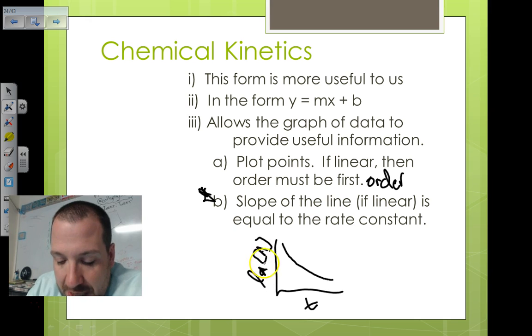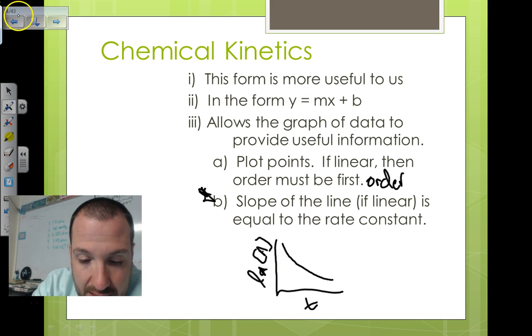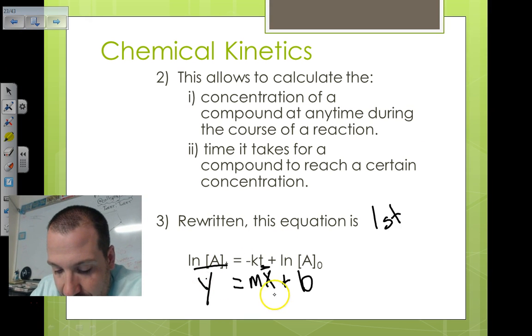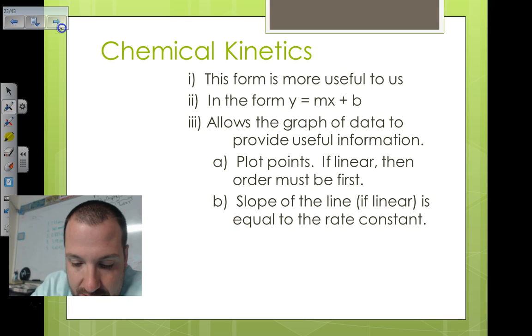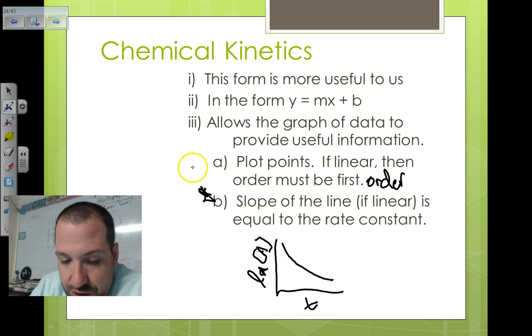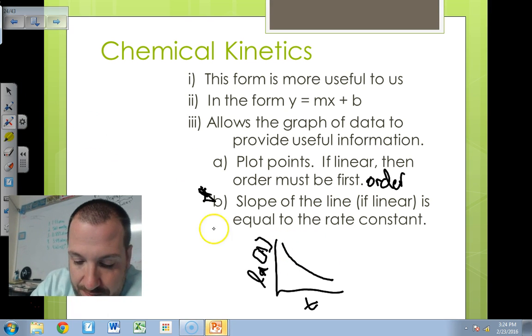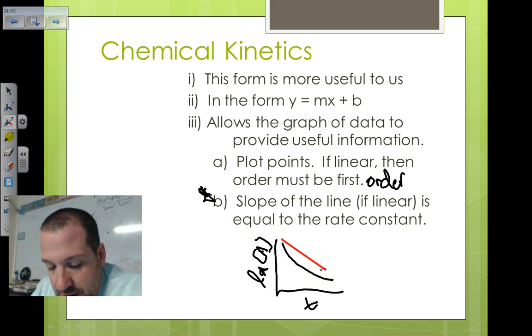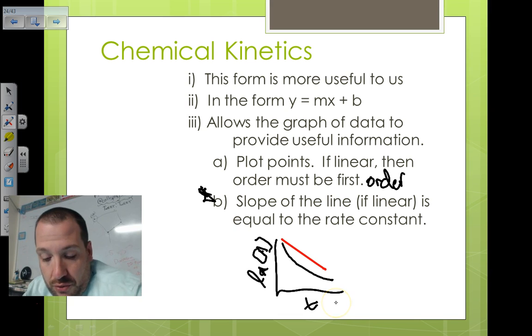But if we plot ln of A versus t, if we plot y versus x, we should get a straight line. If it is not a straight line, like this one is curved, then it's not first order.